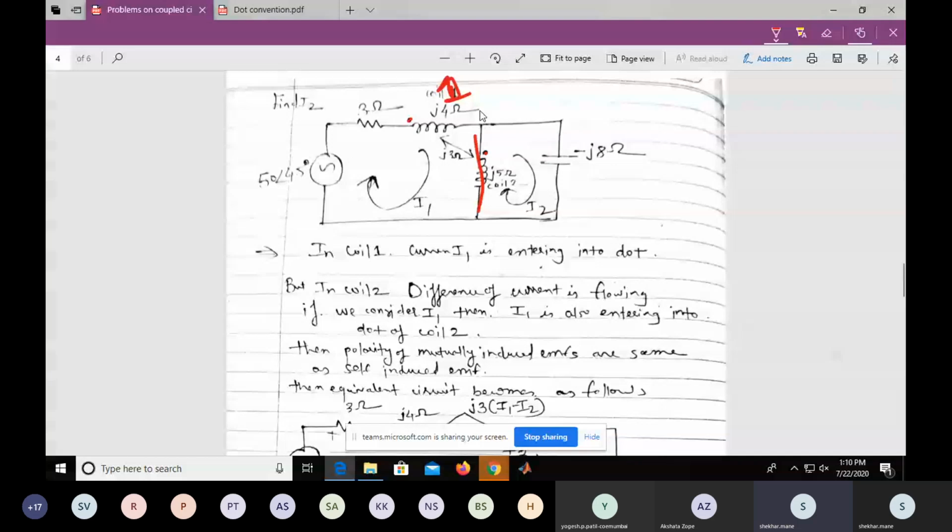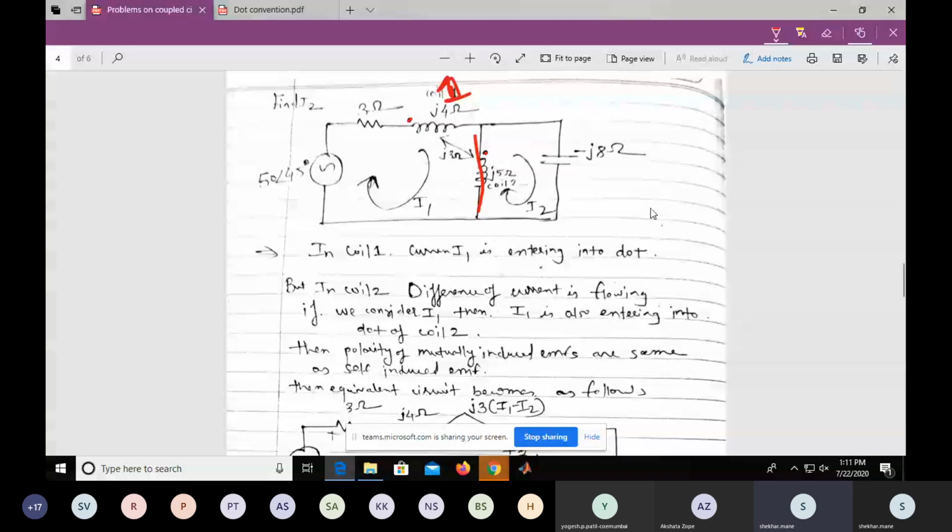One current is I1, which is entering into the dot, and I2 is coming out of the dot. Then which current do we have to consider? Whether we have to consider I1, which is entering into the dot, or whether we have to assume current I2, which is coming out of the dot.